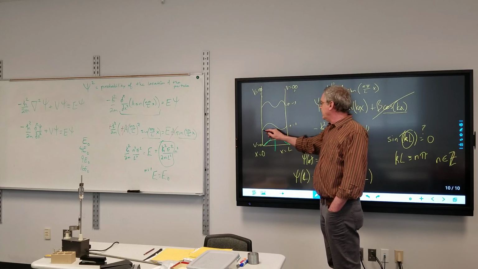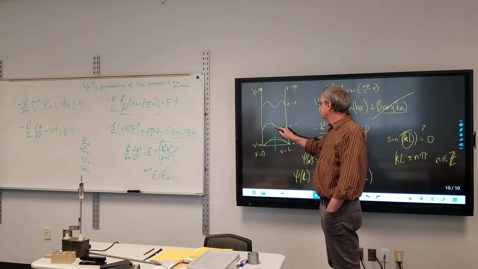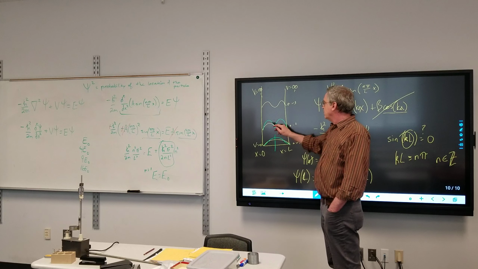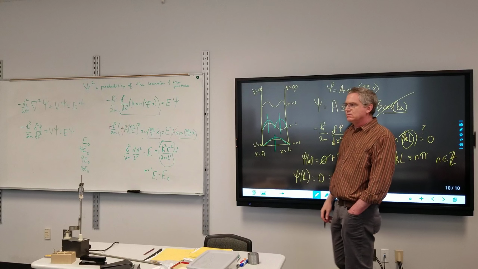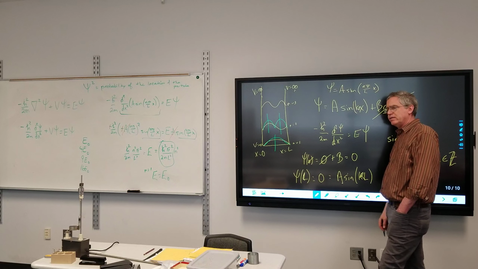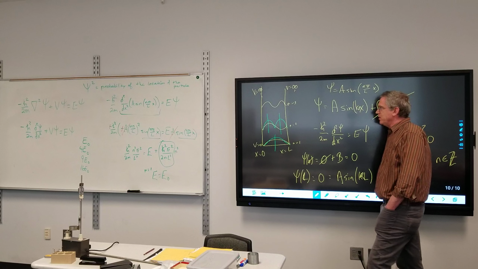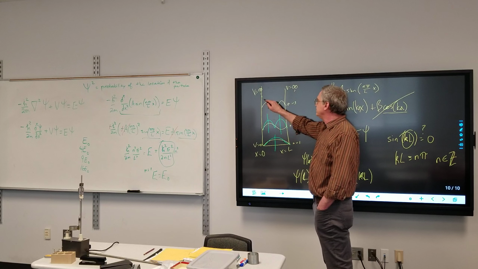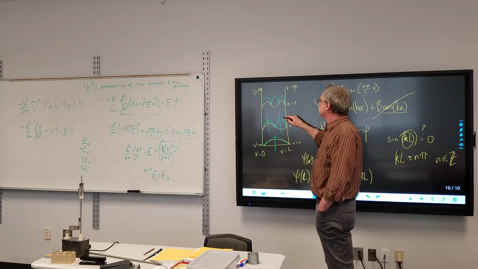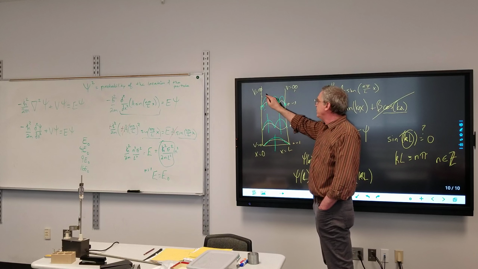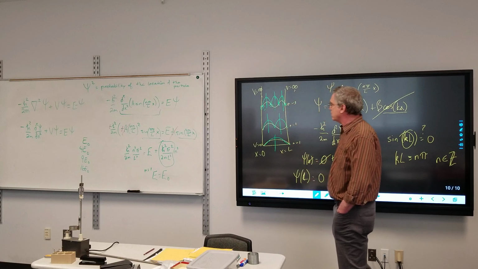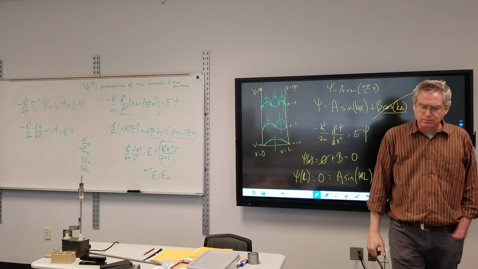In the second energy level, if I square that, the most probable places that the particle is going to exist are here and here. Not in the middle, not at the edges. In the third energy level, if you square that, I now have 4 places where I'm not expecting the particle to be at all, and then the most likely places that it will exist are going to be in one of those 3 spots.